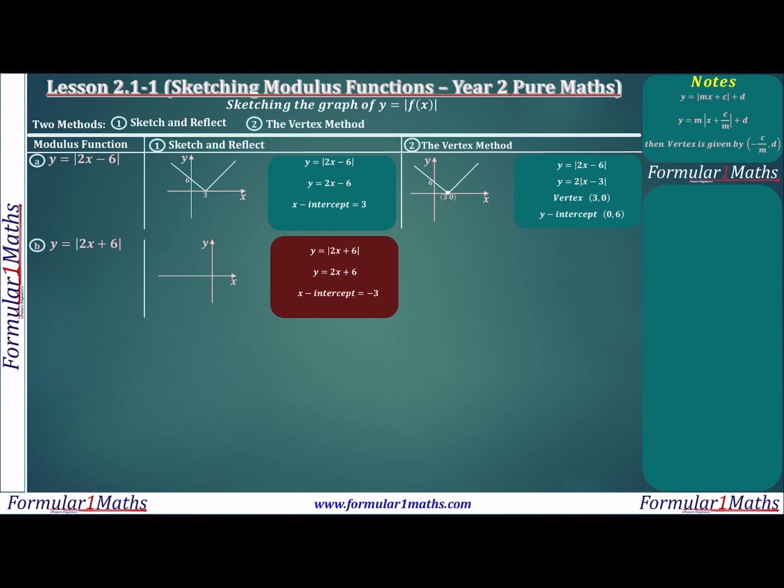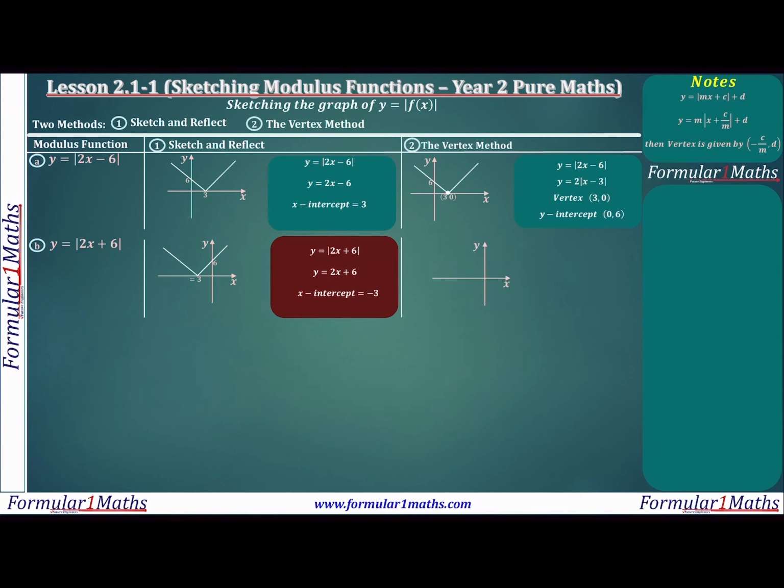So I'll sketch it, and this is what I get. I've got 6 over there as the y-intercept, and minus 3 here as the x-intercept. But no part of the curve must be negative. So this dashed part must be reflected in the x-axis to get this one. And that is the graph required.